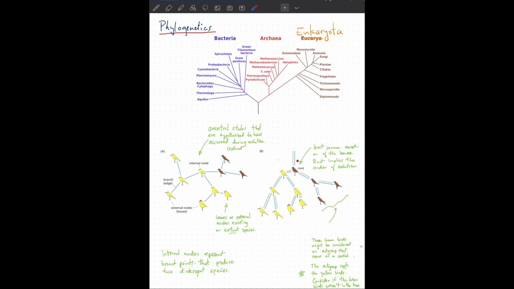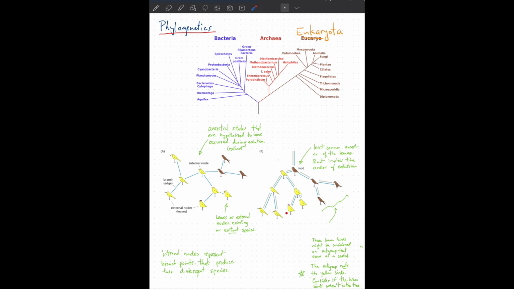So here would be the same tree, but we root it, say, at this node here, and it suggests that the yellow evolved after the root of this tree, and this direction became yellow, and this direction stayed brown. We can think of the root as being the least common ancestor of all of these leaves here.